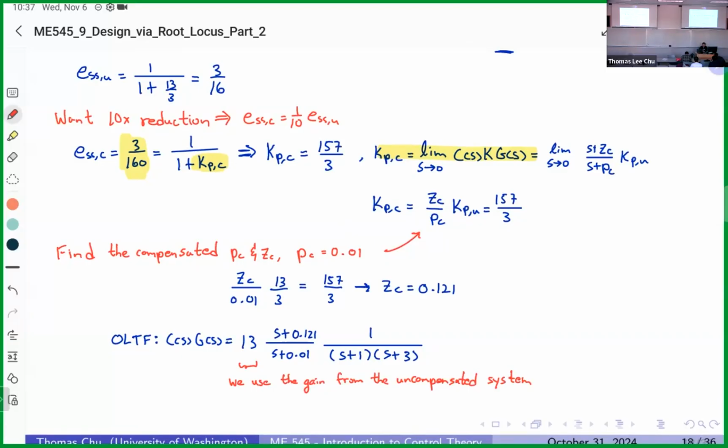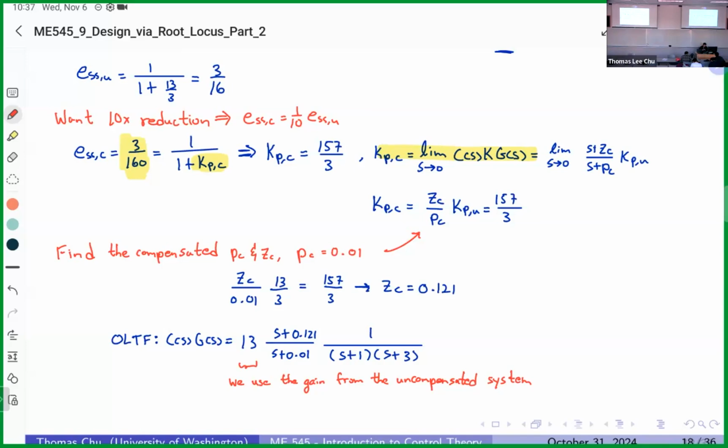We're not changing the root locus shape, though that's not our objective. Because of that, we can choose the gain from the uncompensated system, since its root locus has a similar shape, and we'll get a similar pole value.